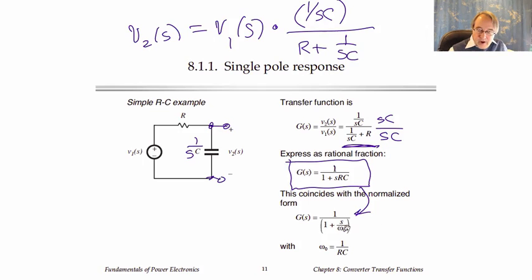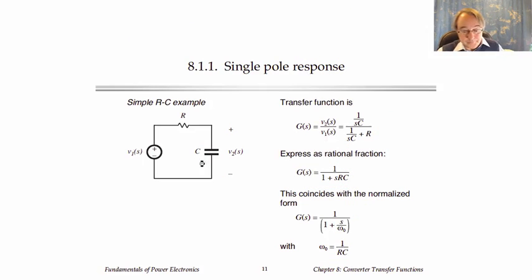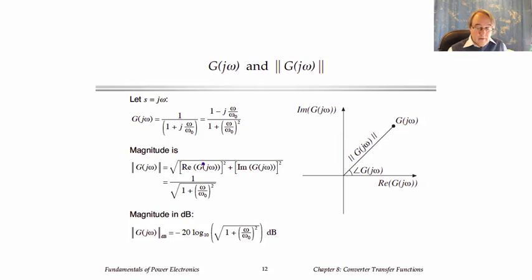By equating our standard form to the original function, we can find that 1 over omega naught is equal to RC. And so this gives us an equation for the coefficient omega naught in our standard form, and its relationship to the elements of the original circuit. So we have our G of s, for the simple pole, of this form.